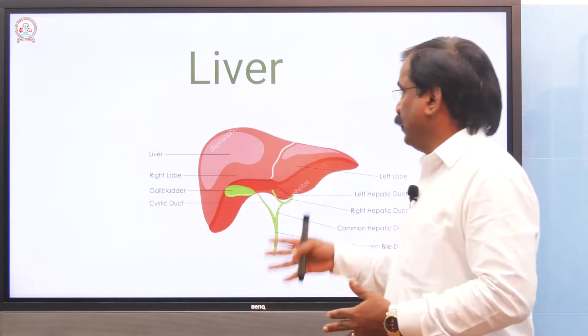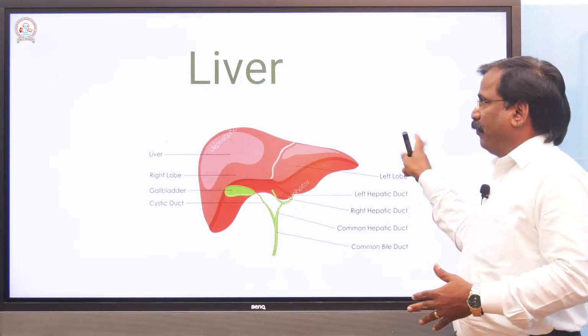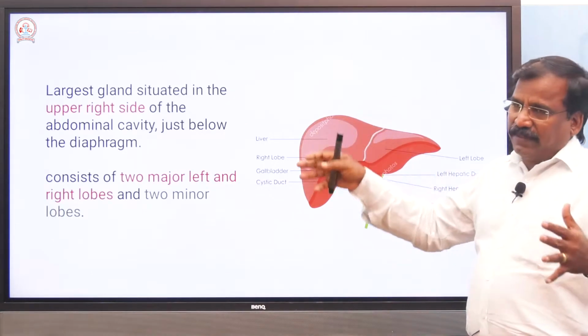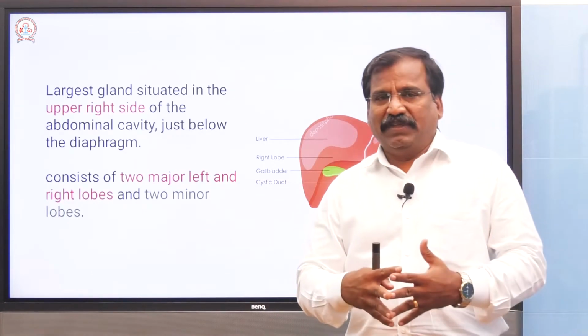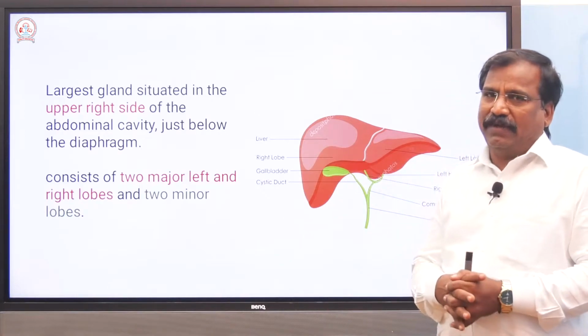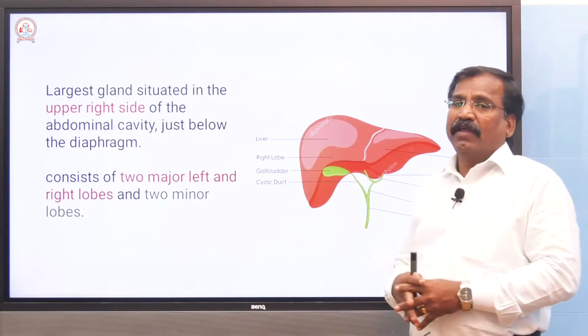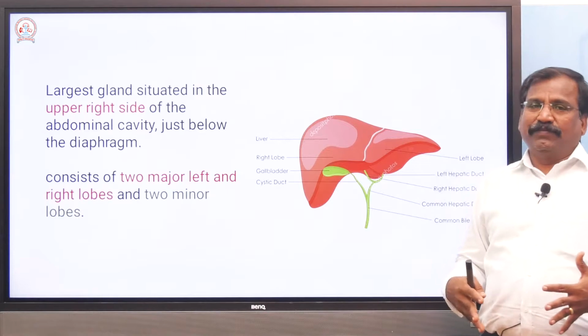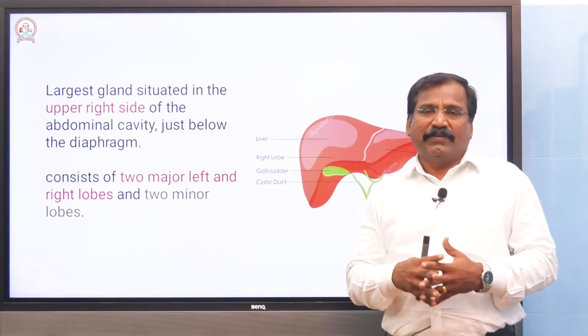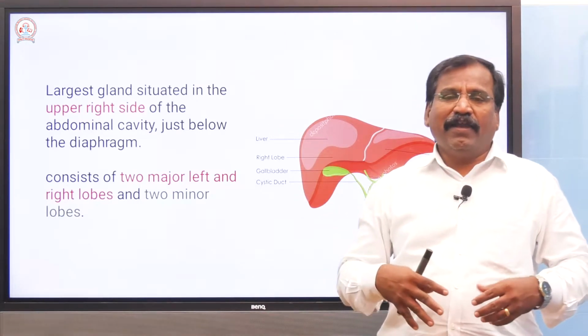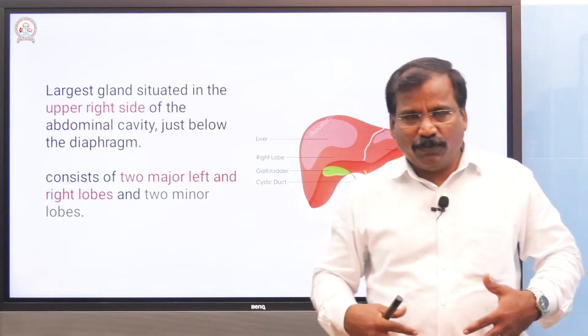The first one is the liver, which is the largest exocrine gland, the largest gland in our body. From an MCQ point of view, it is important to know the largest gland and where it is situated.